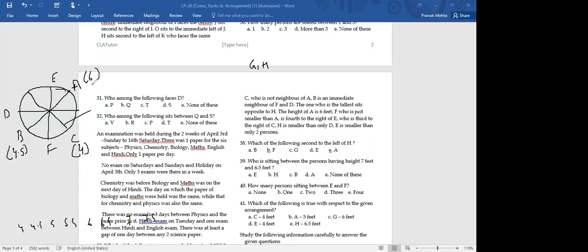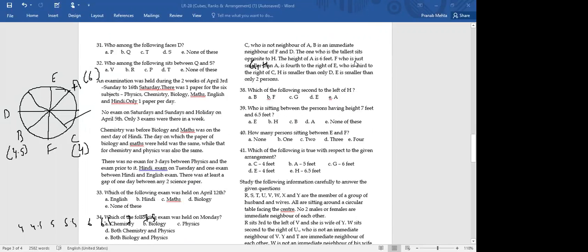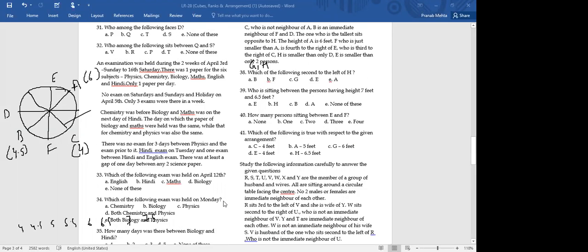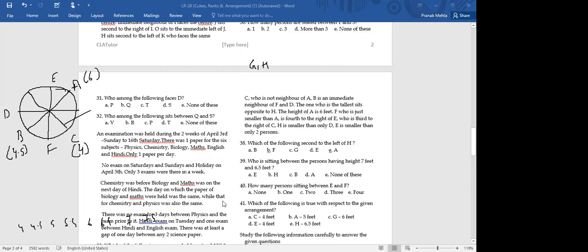Sir, why can't B be like 5.5 and C be 5? Because we have to be very careful with the words they are using. A and B sit opposite to each other and B is taller than only C. So there is no other way.